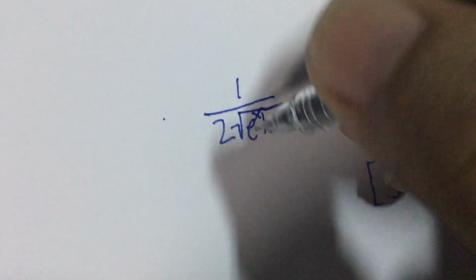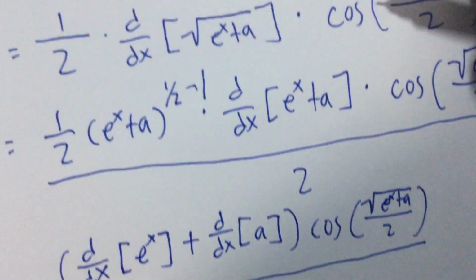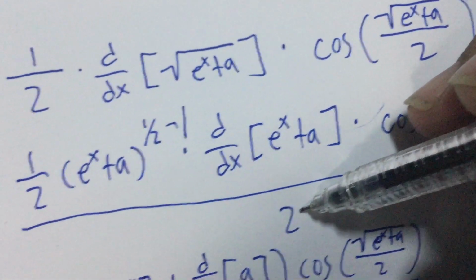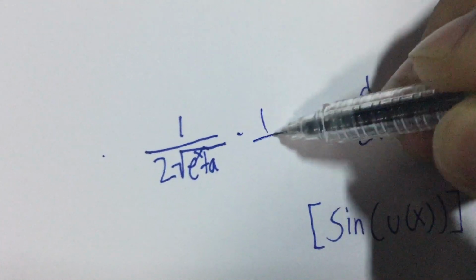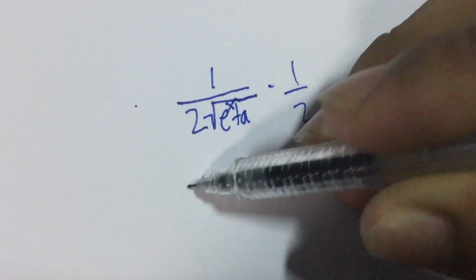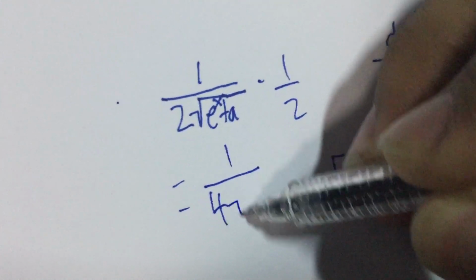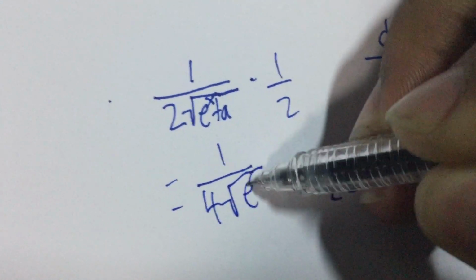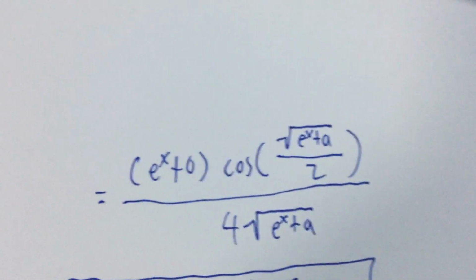Now the other function has a 2 here, so we multiply this by 1/2, which gives 1 over 4 square root of e^x plus a. That's why we came up with this equation.